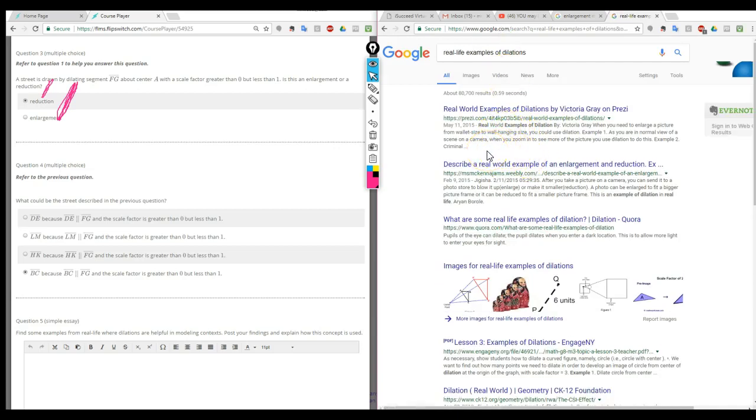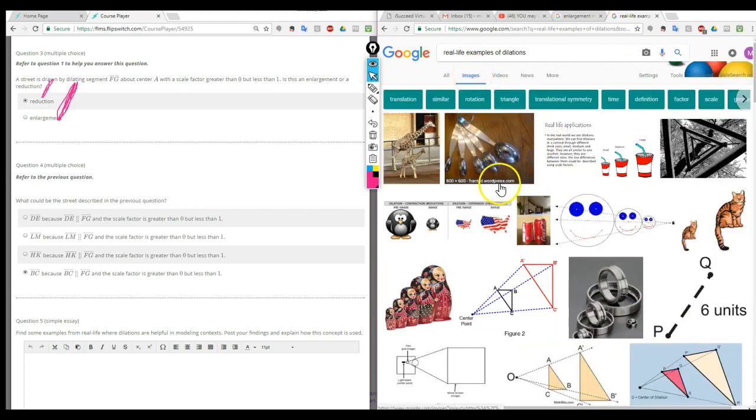And it comes up with images, and so I will let you decipher through and find which one suits you.